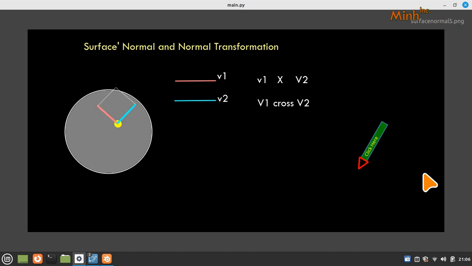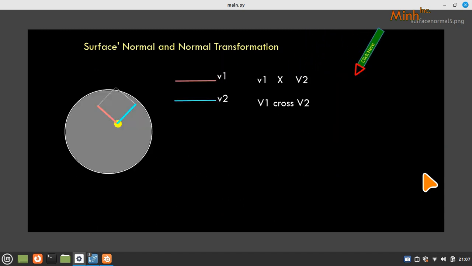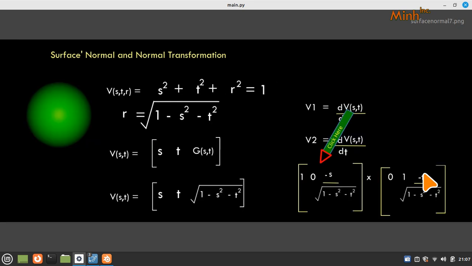So in an analytical surface, we calculate two tangents, and based upon the two tangents we estimate the area, and then we calculate the cross product, and that is the normal. This is the way we do it.